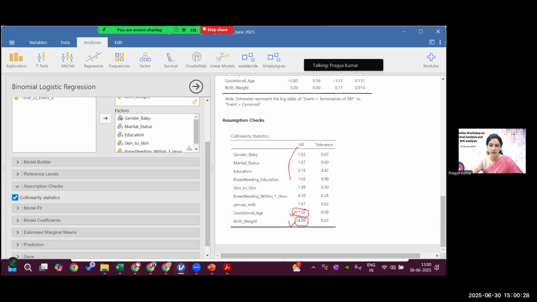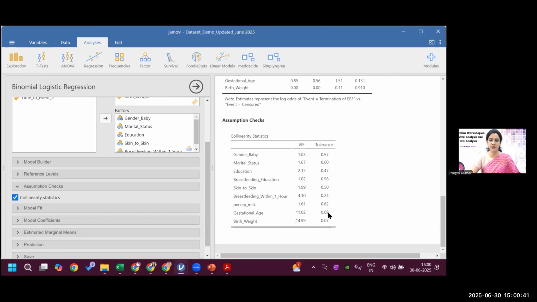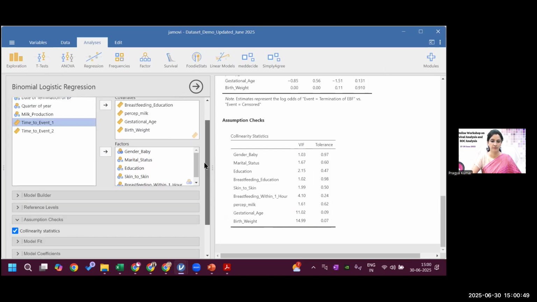The rest are all okay. So you will have to remove one of these two variables. They are multicollinear, both having a value more than 10. You have to keep one variable out of that. Either you can keep gestational age or you can keep birth weight, because they are showing collinearity.